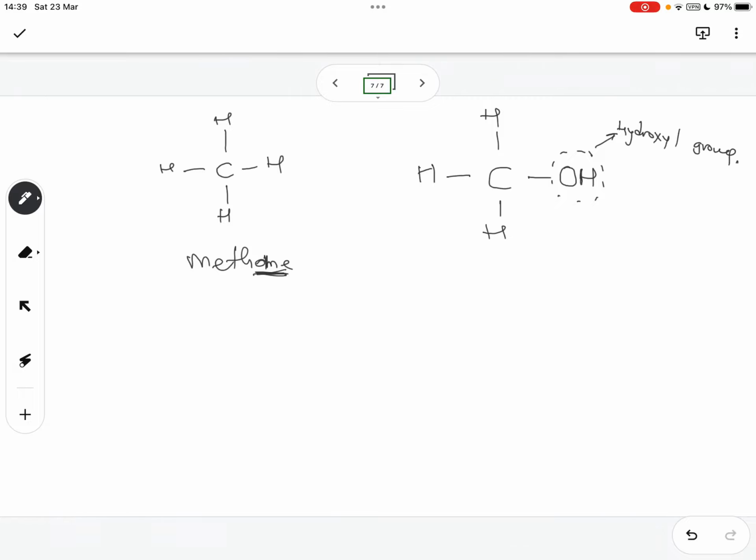Alright, so now if you want to go to a secondary alcohol, then two of these hydrogens you can replace with other groups.